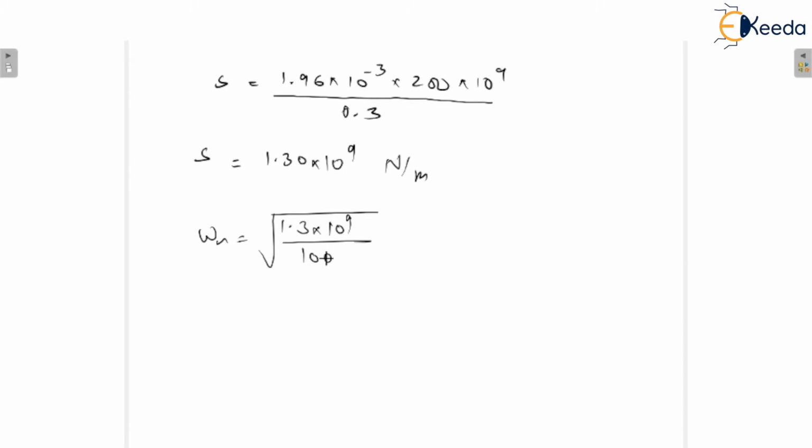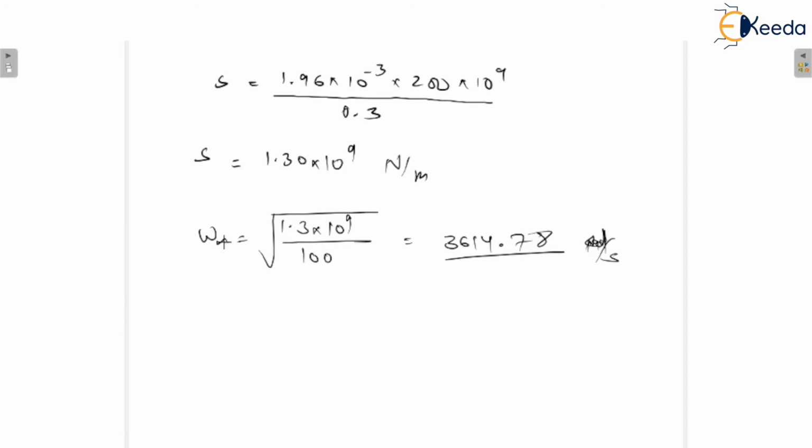So when you solve this, you will get the value of natural frequency of longitudinal vibrations, and that comes out to be 3614.78 radian per second.